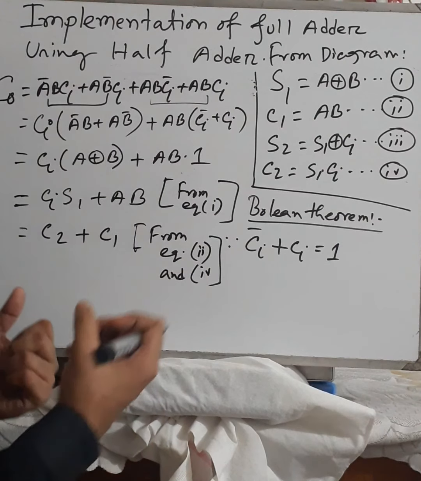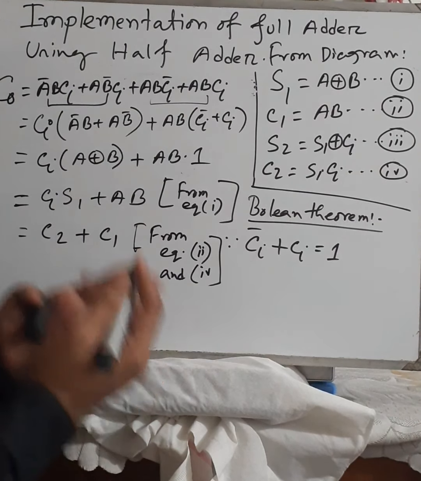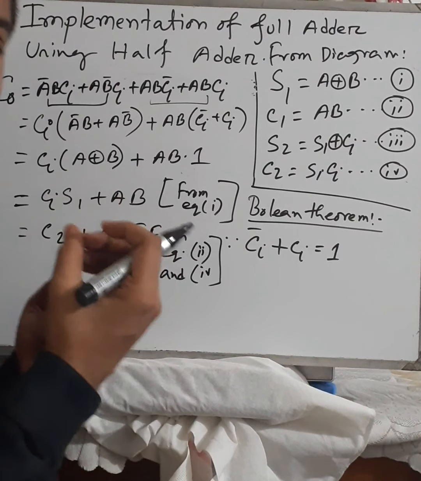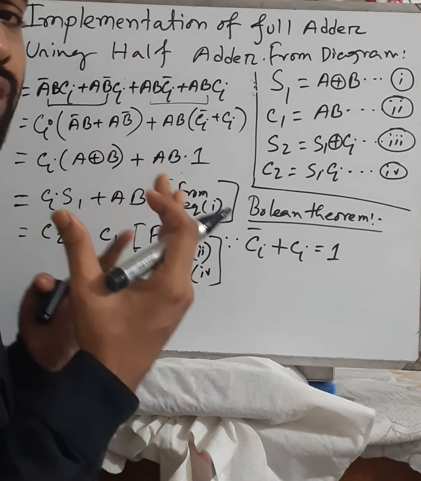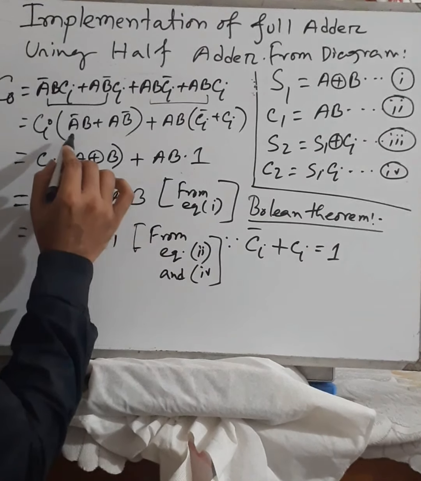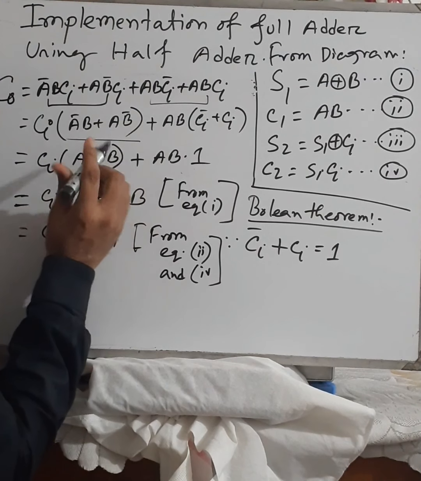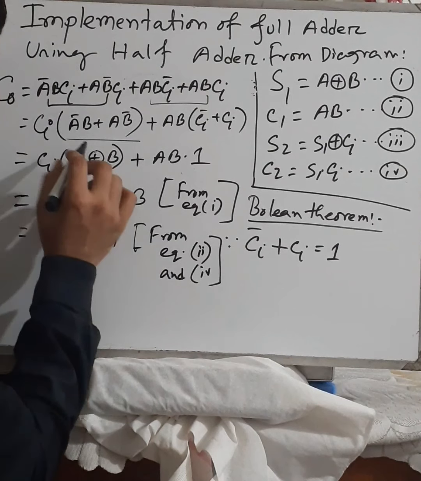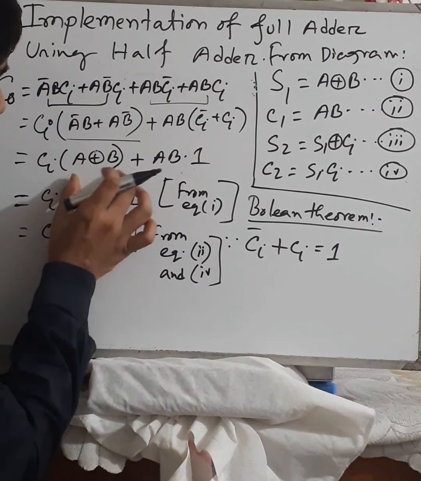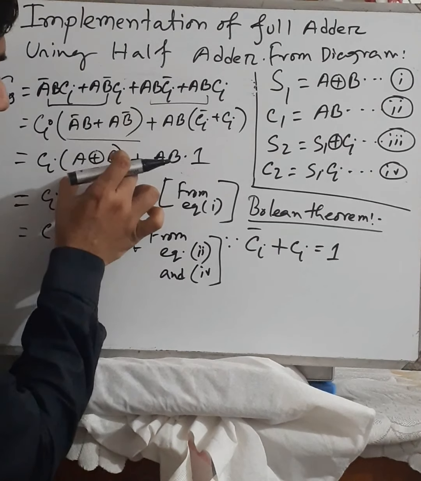It's a very common equation, because we already know in the XOR gate we have this theorem, A exclusive-OR B equals A bar B plus A B bar. So from the XOR gate theorem we can write A exclusive-OR B. I simply write down the theorem from this line to that line.